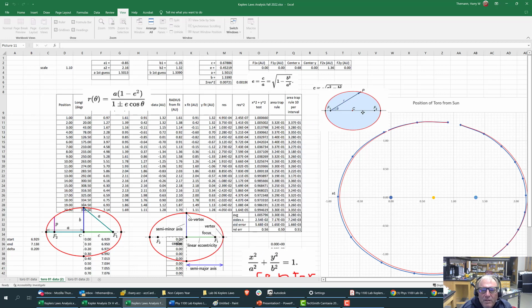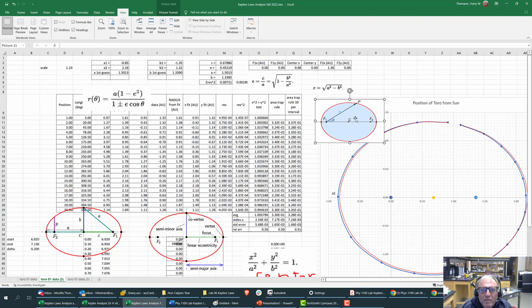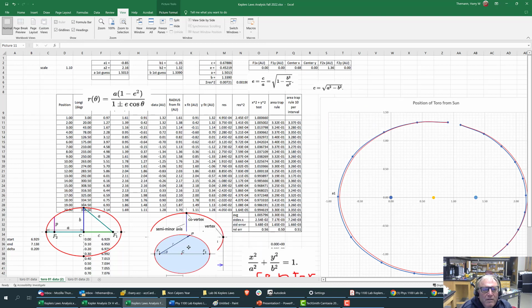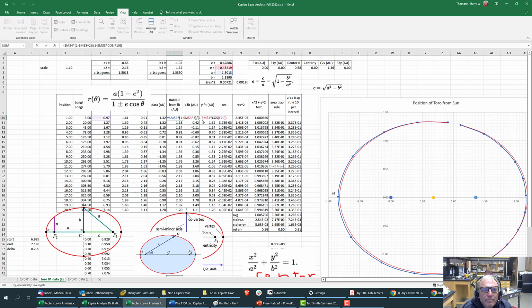It's in the document and I put it in the lab manual. When you go from this focal point, you use 1 minus E cosine theta. And of course, the theta here is in radians. There we go.